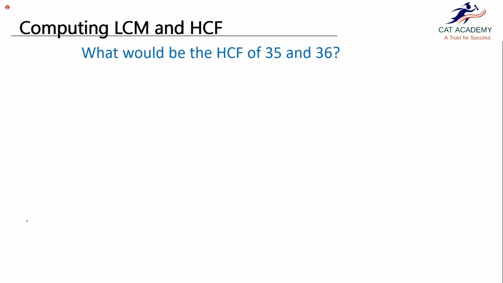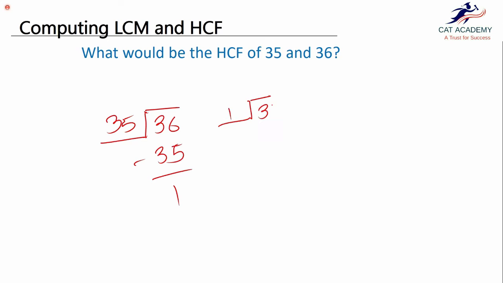What would be the HCF of 35 and 36? If you want, you can use that logic now. See, 36, 35, 35, remainder 1. So take your 1 over here, 1, 35, 35, 0. So your HCF became 1. Understood?